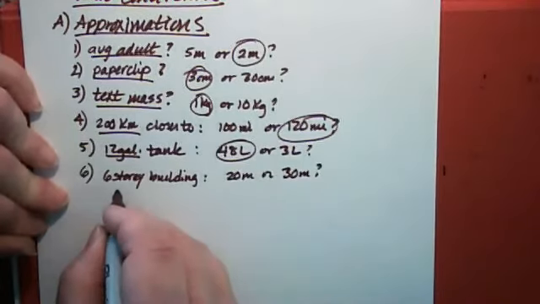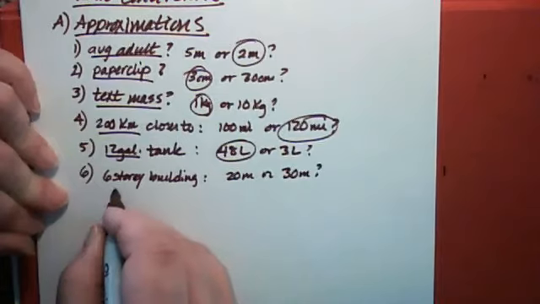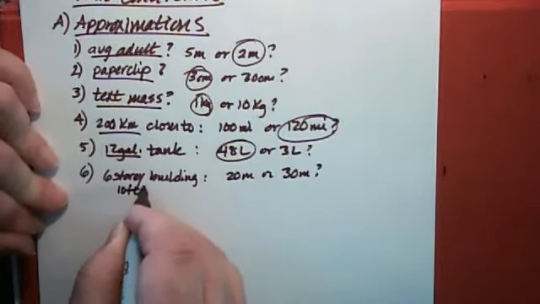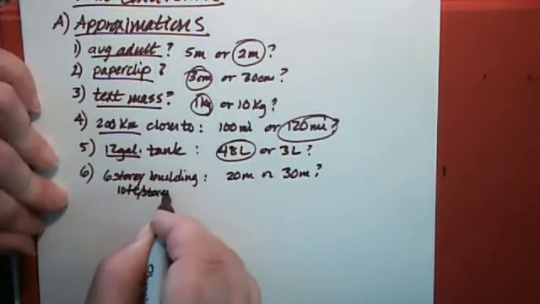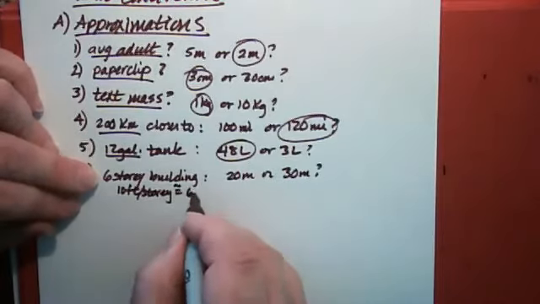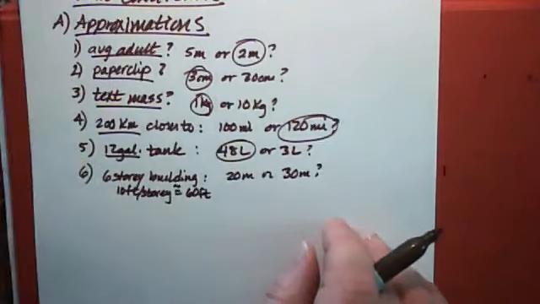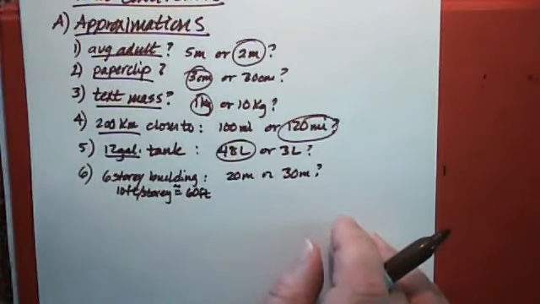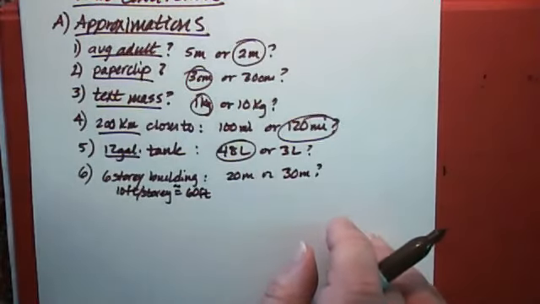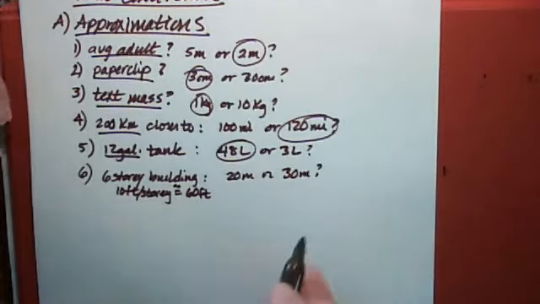Actually it says in the question also, allowing 10 feet per story. And so that would be 60 feet. Because part of this question, of course, relies on how high the ceilings are in each of these stories.